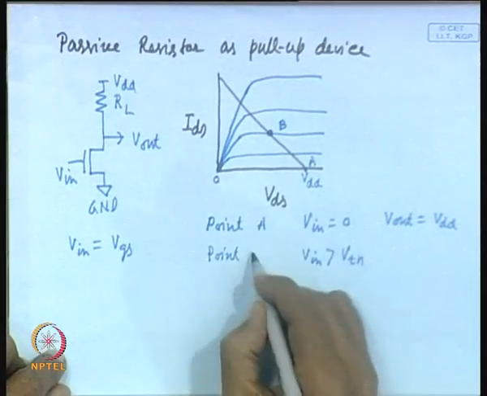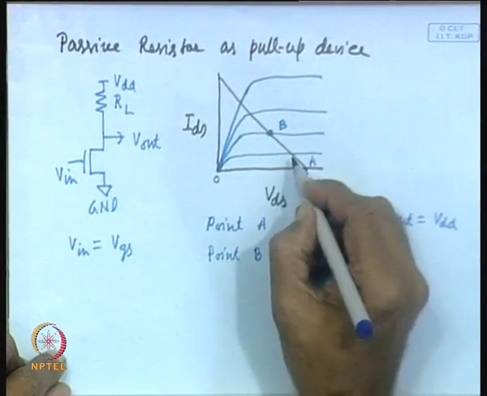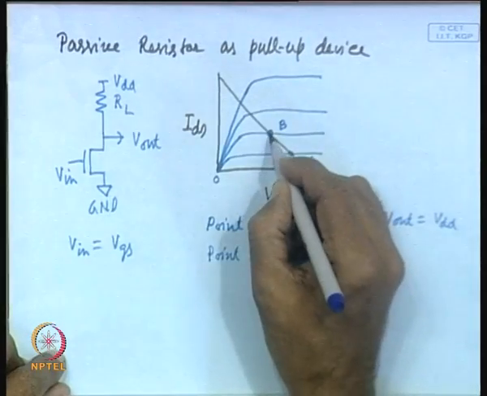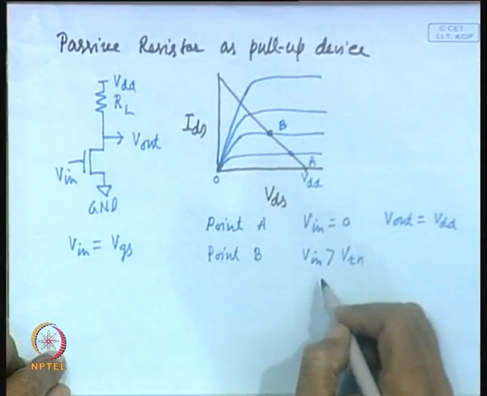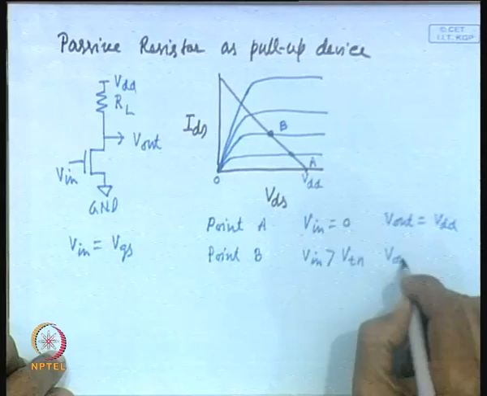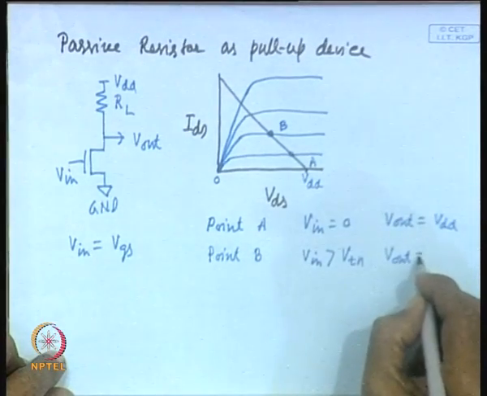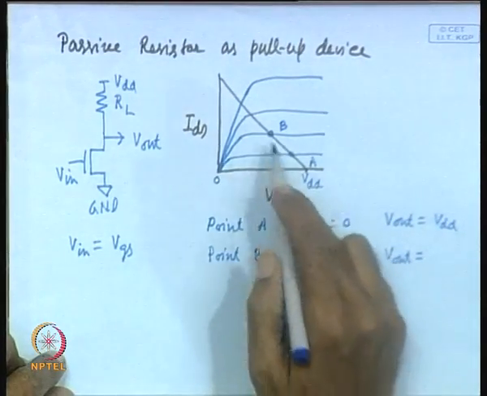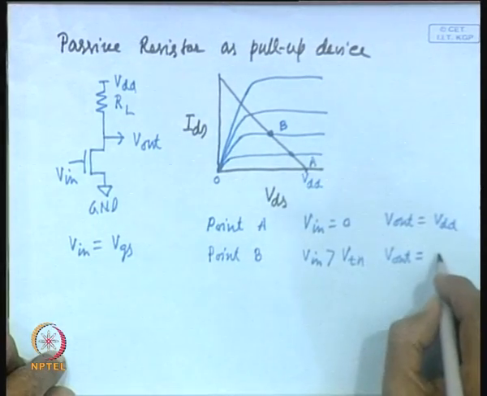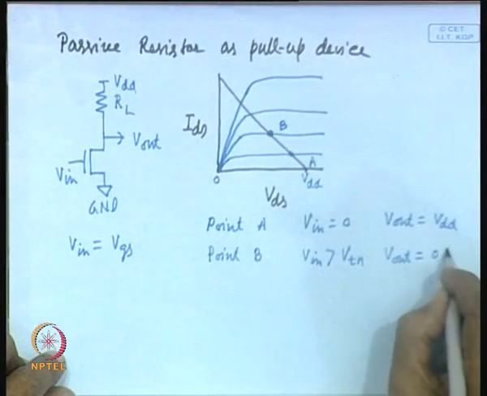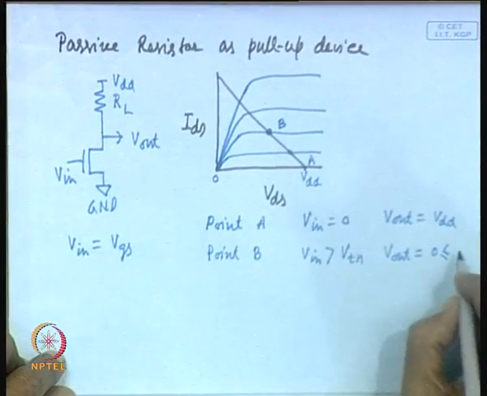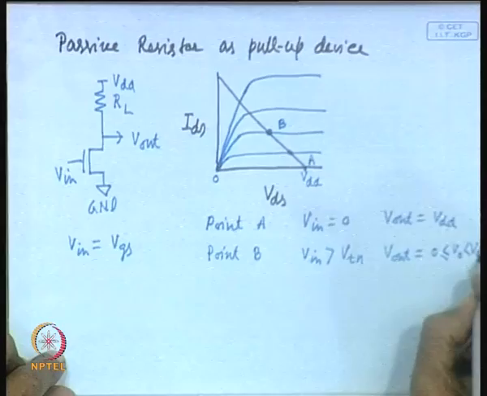In this case, V out will be somewhere in the range of 0 to VDD, somewhere in between.